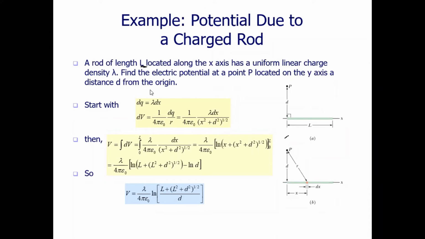So what we had done was that we just wanted to depict the situation. You draw a diagram. This is your y-axis, and this is your x-axis. According to the question, we have the rod.